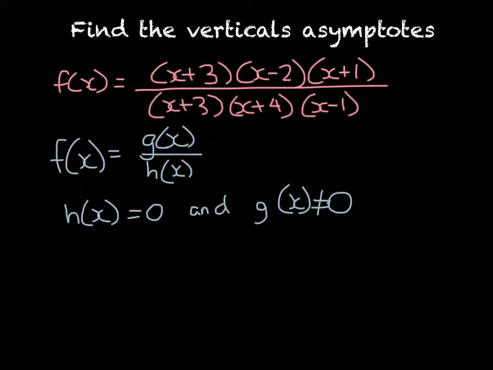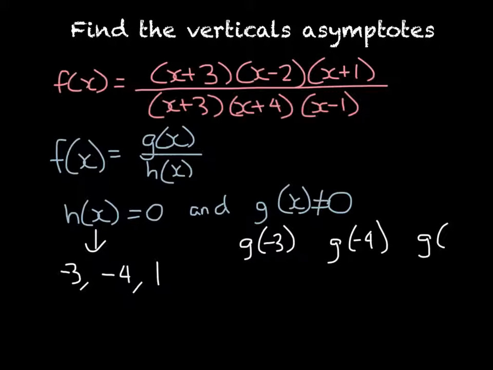So h of x equals 0 at the points x equals -3, -4, and 1. So now we can just investigate the points g at -3, g at -4, and g at 1.